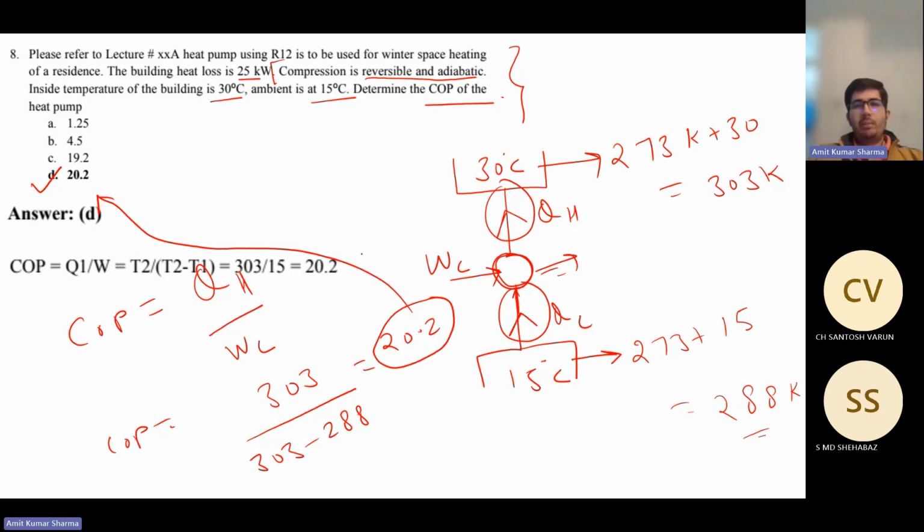Because if the compression is reversible, it will be reversible only when the input and output are also reversible. Suppose you are saying that this, or let me just clear it.